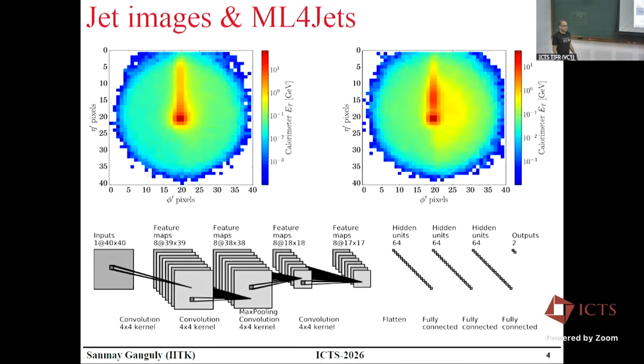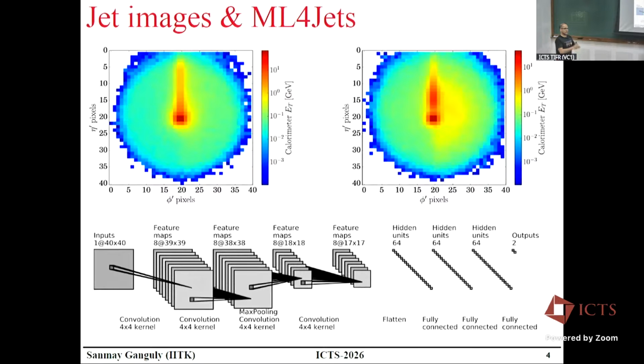Now you can pre-process this energy deposit. How? This is sort of a grid, right? On the surface of these cylinders there are eta-phi grids. So you can ask, where is my maximum energy deposition? Now you can move all the energy deposition, taking that maximum cell as the center, and do some scaling as well.